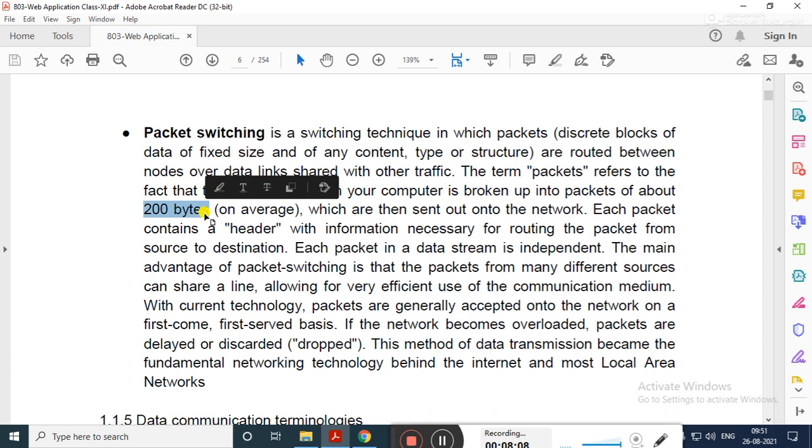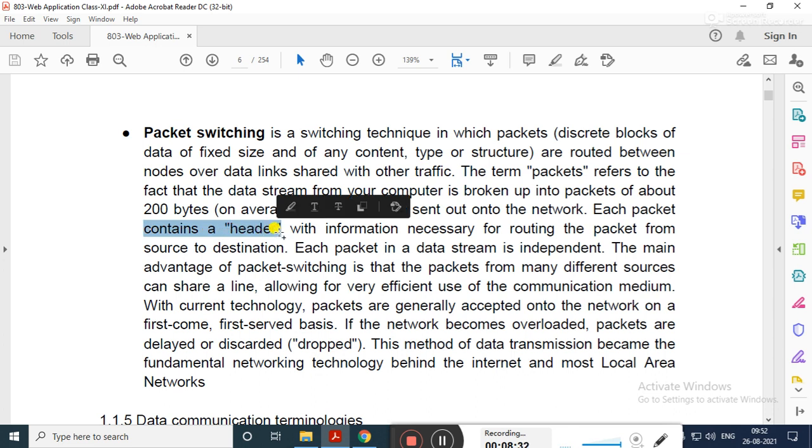That 1024 bytes is divided into 200 byte, 200 byte, 200 byte, so say 5 to 6 packets on average. Some packets may be 220, some 210, some 190, 195. On average it is 200 bytes. These are then sent onto a network, and each packet contains a header.